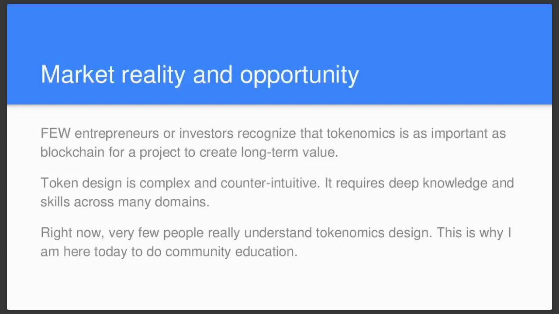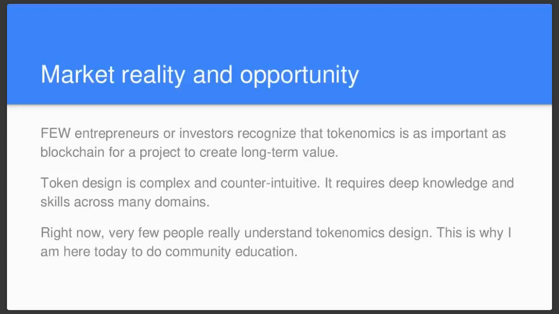My personal belief is that without a good tokenomic design, no project can create long-term value. You can have short-term value, like getting returns in the secondary market from the issued tokens. But to really create long-term sustained value, you have to have a very good tokenomic design.